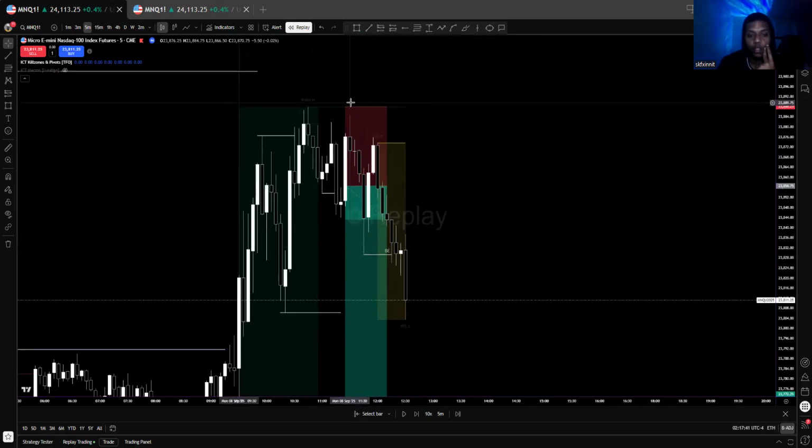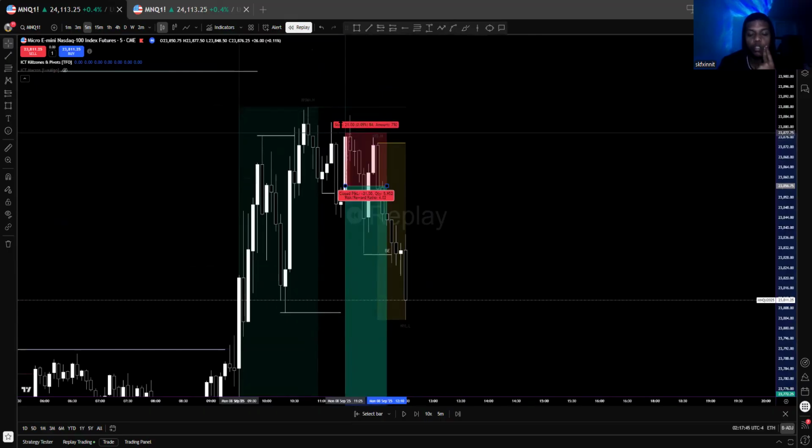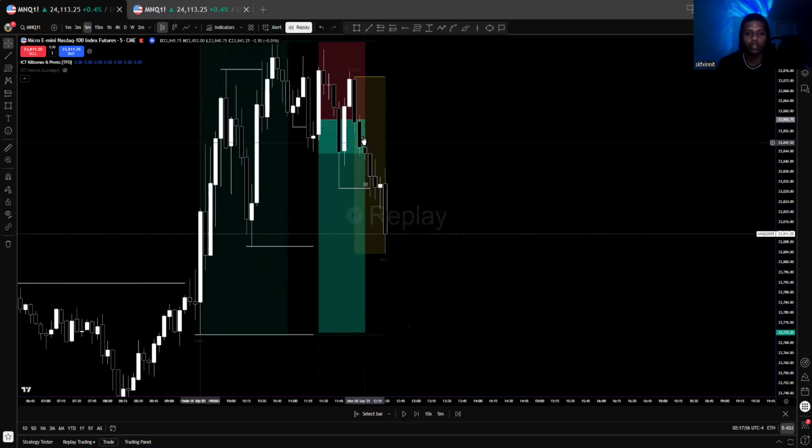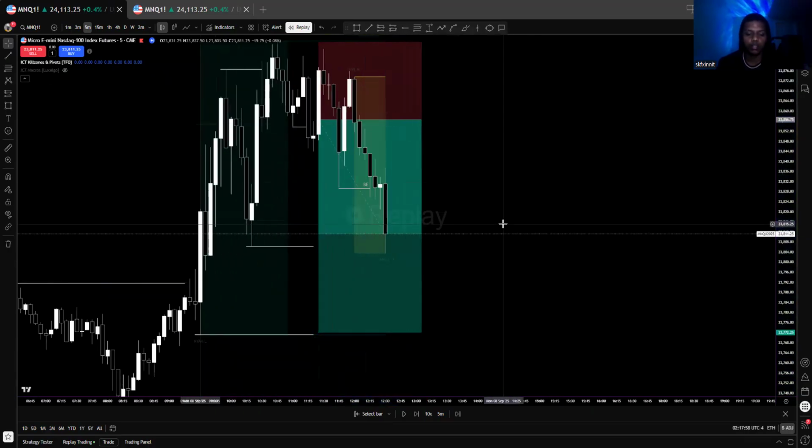So I'll be reducing my stop loss to here once price breaks this structure. I would have been reducing my stop loss. But hey, let's see how it goes, right?